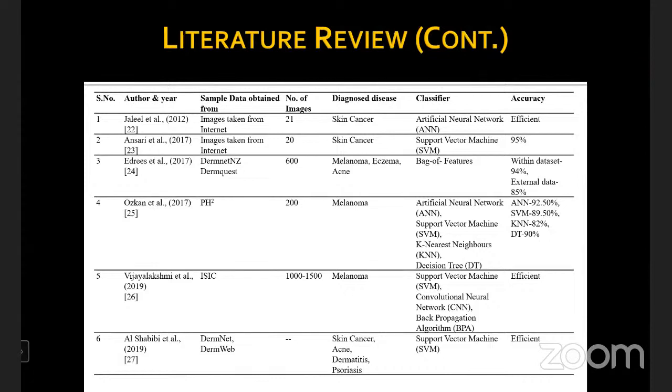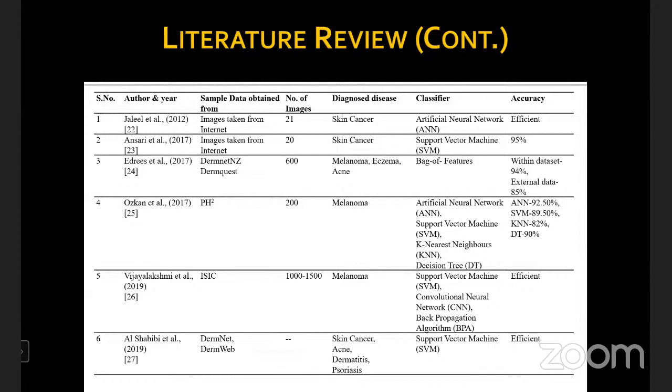Another study was undertaken which took ISIC as a data set, and used a back propagation algorithm, and the system was found to be highly efficient.